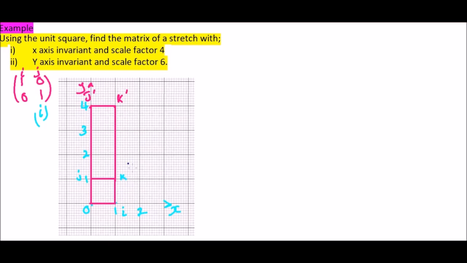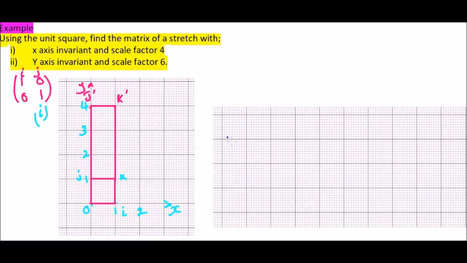We go to the second transformation, (ii). We are told the y-axis is invariant and the scale factor is 6. So we demonstrate that on a Cartesian plane. This is our grid. We have our Cartesian plane, that is 0. We have 1, 2, 3, 4, 5, 6, 7.